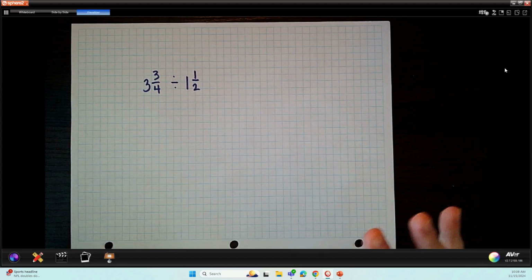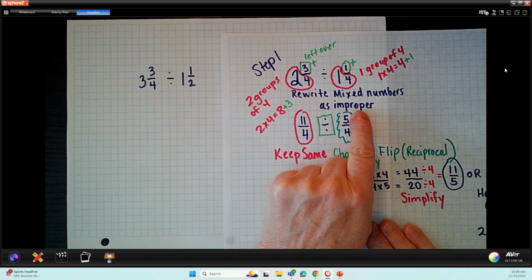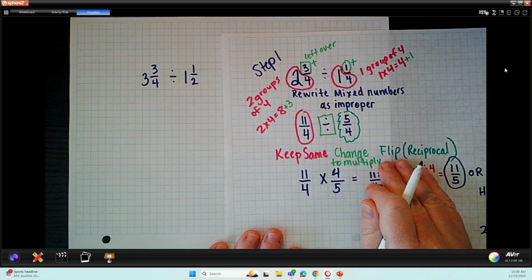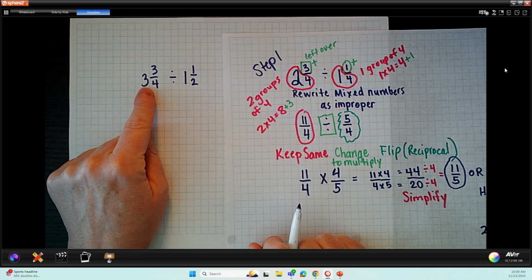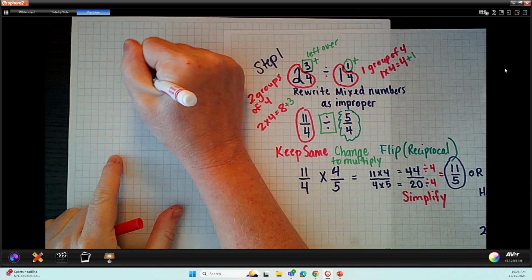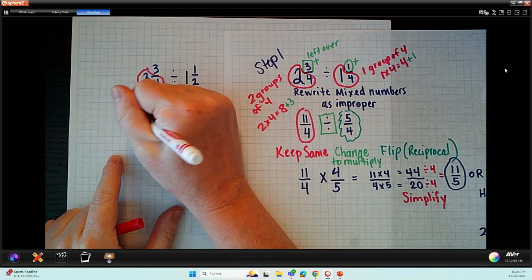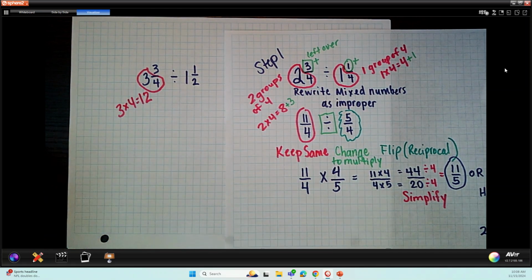Same thing. If we want to use that standard algorithm, we need to rewrite the mixed numbers as improper fractions, because in order to do the keep, change, flip strategy, we need fractions. So this is 3 groups of 4. That's step 1, 3 groups of 4. I'm not going to write it out this time. 3 times 4 equals 12, plus the leftovers.